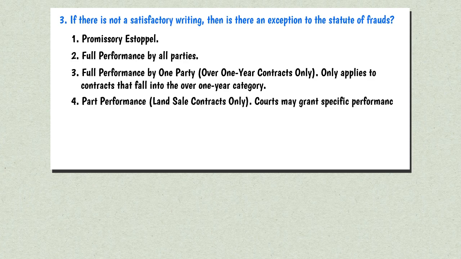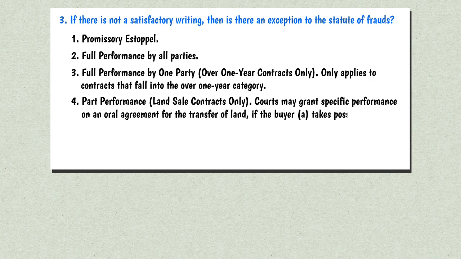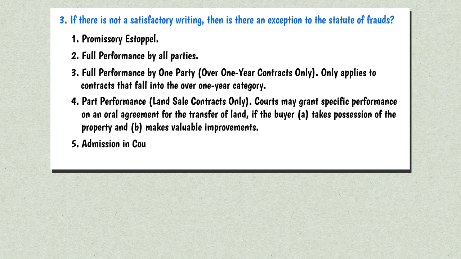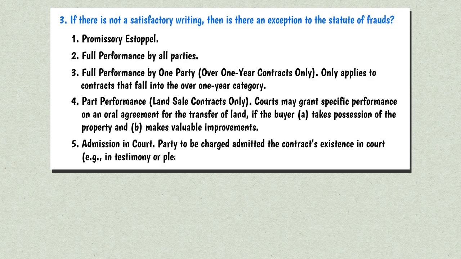Courts may grant specific performance of an oral agreement for the transfer of land if the buyer takes possession of the property and makes valuable improvements. Fifth, an admission in court by the party to be charged, where the party to be charged admitted to the contract's existence in court, for instance, in testimony or pleadings, then this exception applies, and the writing requirement does not need to be satisfied.